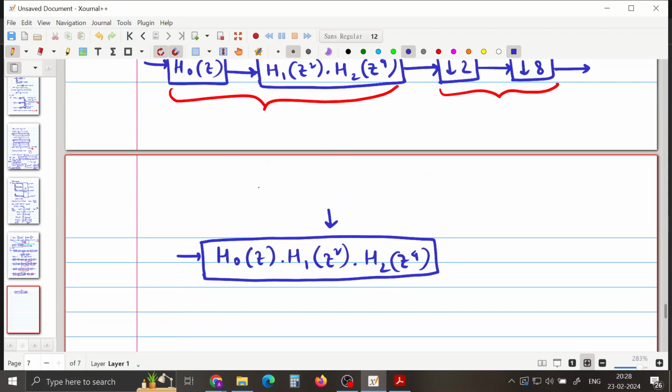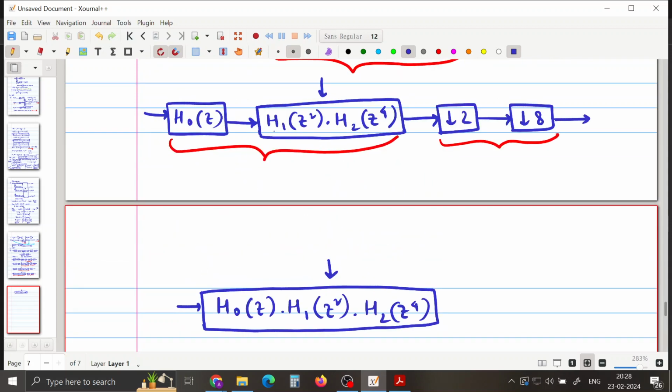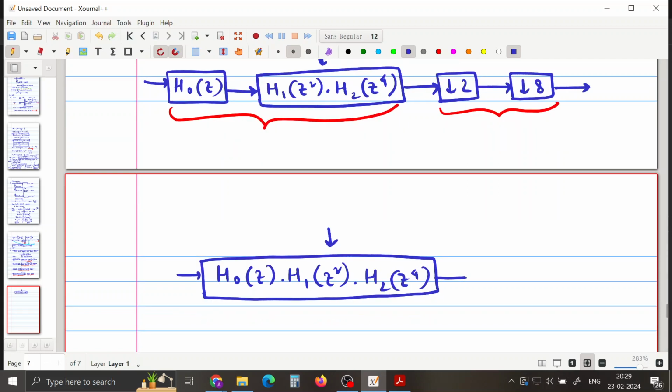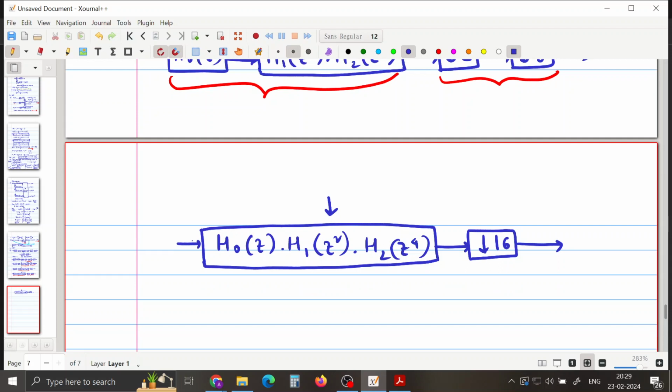So what I am doing here is multiplying these two transfer functions together because they are in cascade, and similarly we are multiplying these two downsamplers which are in cascade. So effectively 2 times 8 would be 16, and that's it. So you see we have arrived at our simplified form, which is a single filter.